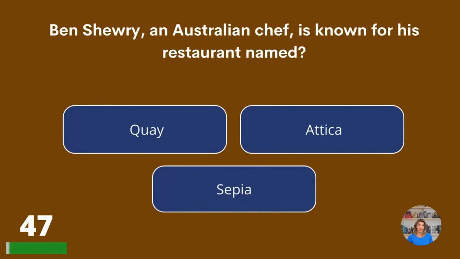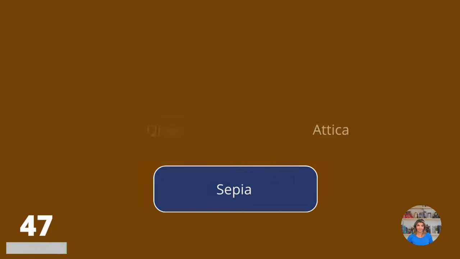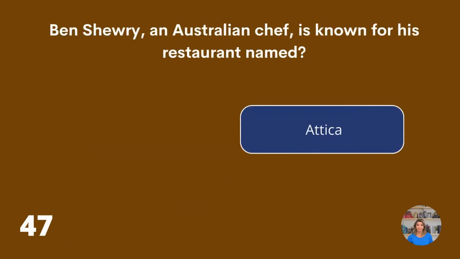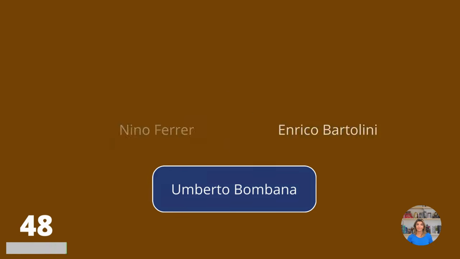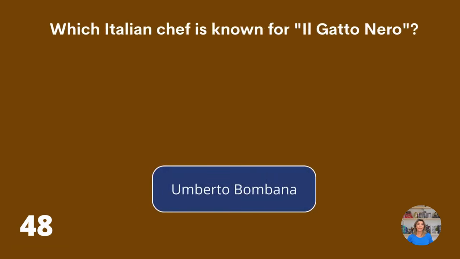Ben Shuri, an Australian chef, is known for his restaurant named Quay, Attica, or Sepia? Attica. Which Italian chef is known for Il Gatto Nero? Nino Ferrer, Enrico Bartolini, or Umberto Bombana? Umberto Bombana.